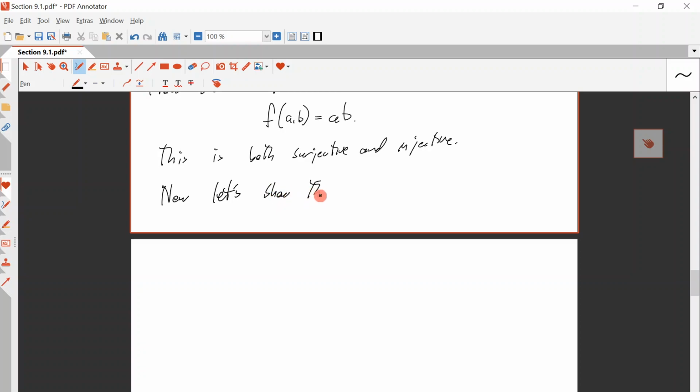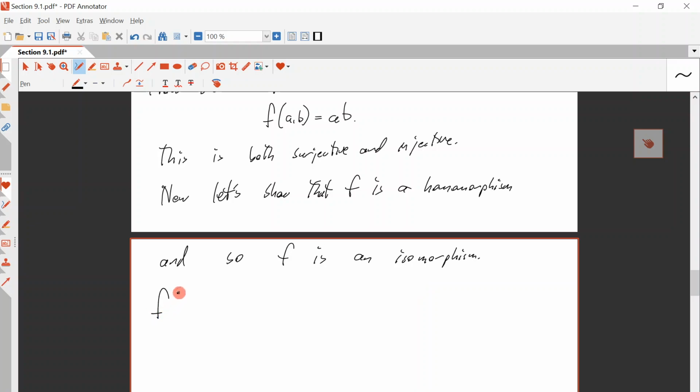Let's show that F is a homomorphism, and so F is an isomorphism.